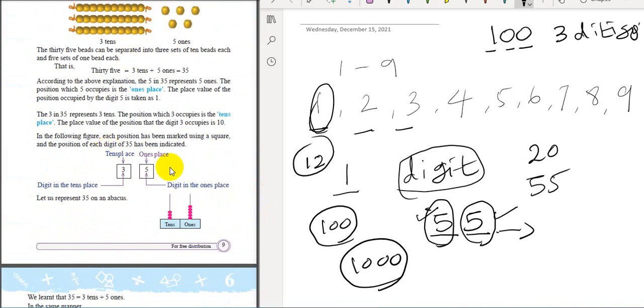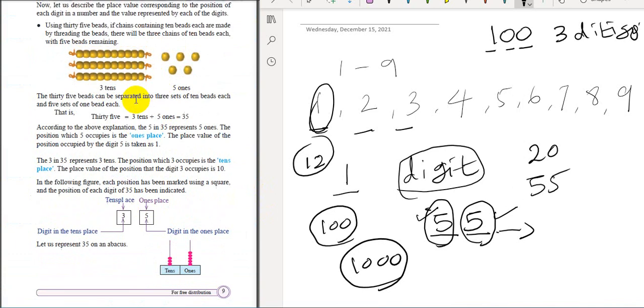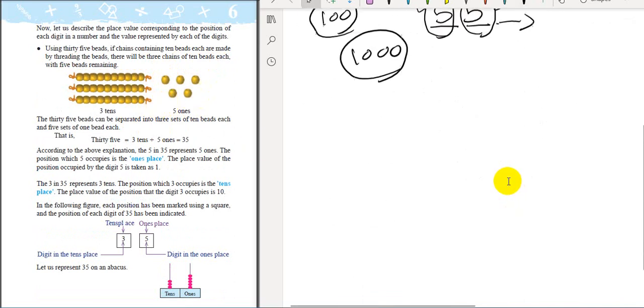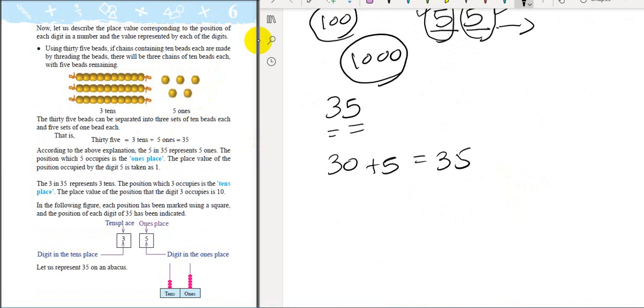Here you see they have given 35. To write 35, there are fives. I'm going to write 35. Here 5, here 30. 30 plus 5 is 35.